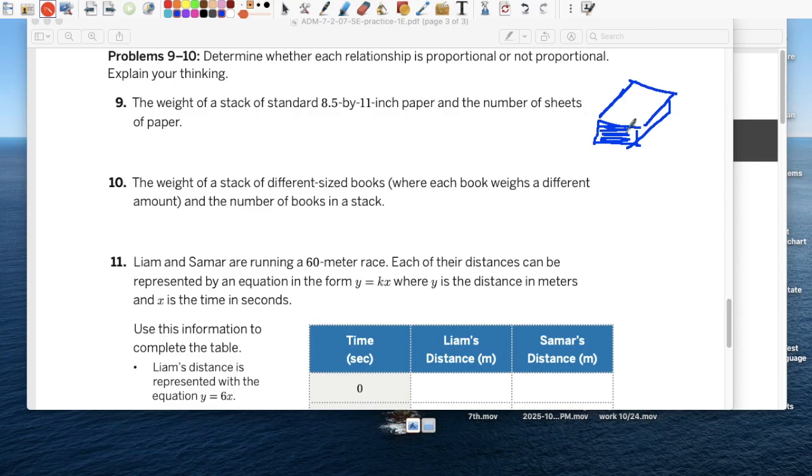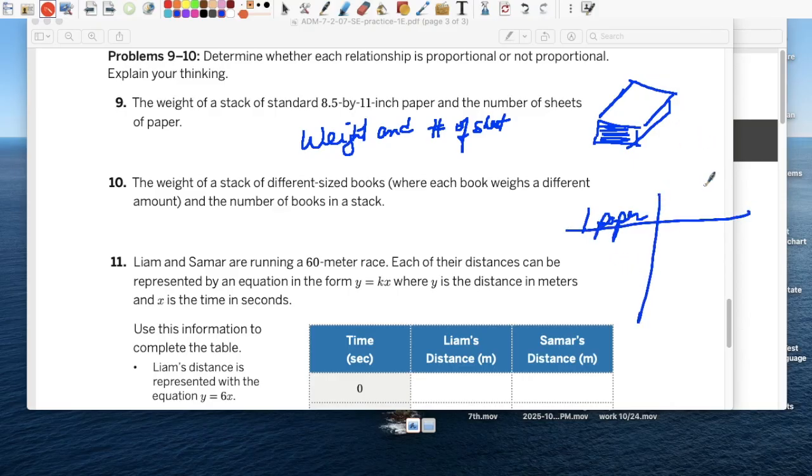So do the weight and the number of sheets have a proportional relationship? For example, if I have one sheet of paper, you can always create a table. And it weighs, I don't know, I have no idea how much. Alexa, how much does one sheet of paper weigh?